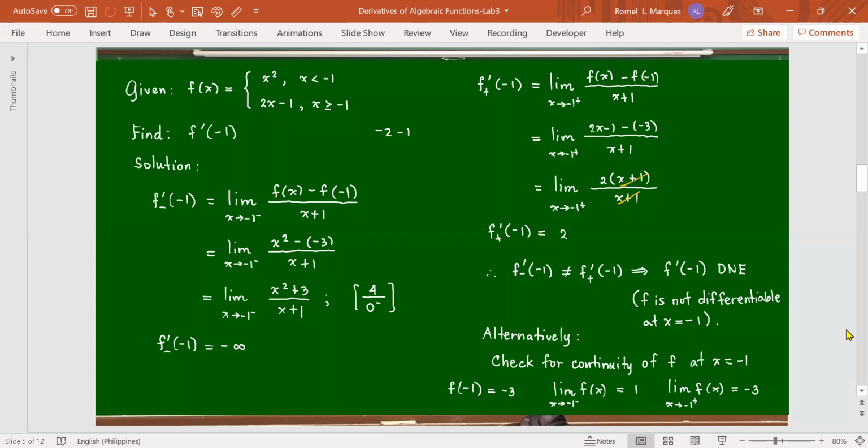So what conclusion can we get? F of negative 1, which is negative 3, is not equal to the limit of f of x as x approaches negative 1, which implies that f is discontinuous at x equals negative 1.